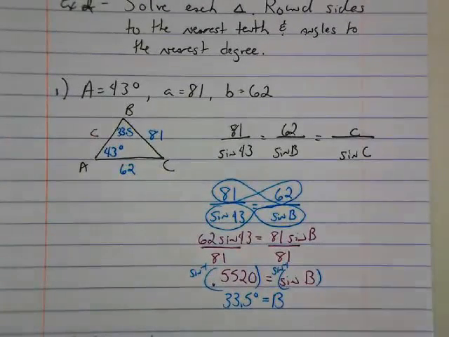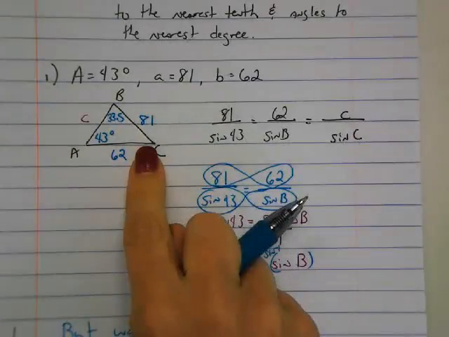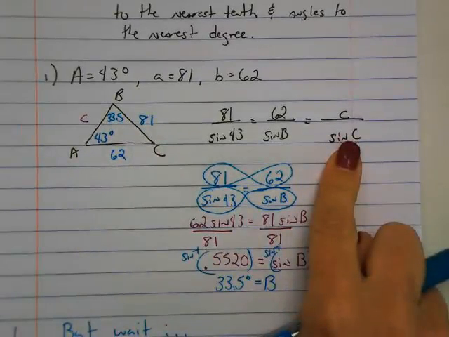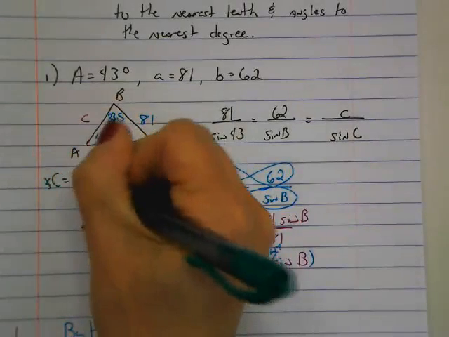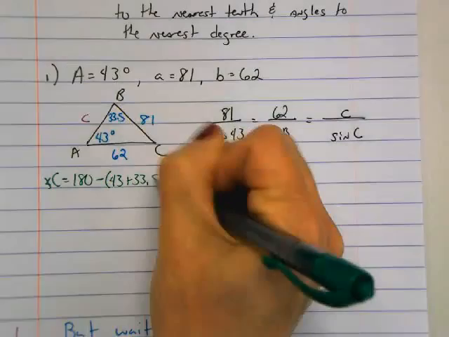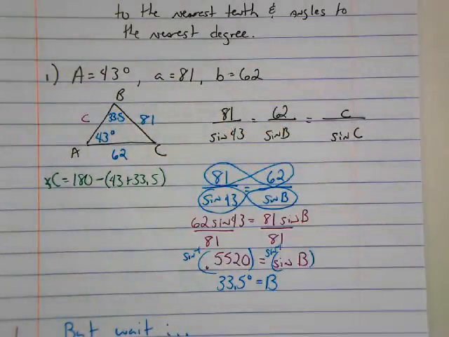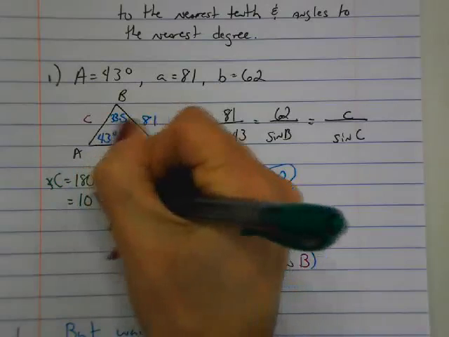So how does that help me? I now know that angle B is 33.5. Can't I now find angle C? And if I know angle C, can't I come over here? So angle C is 180 minus the 43 and the 33.5, which gives me that angle C is 103.5.